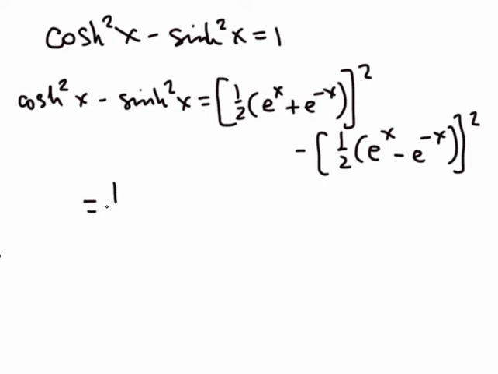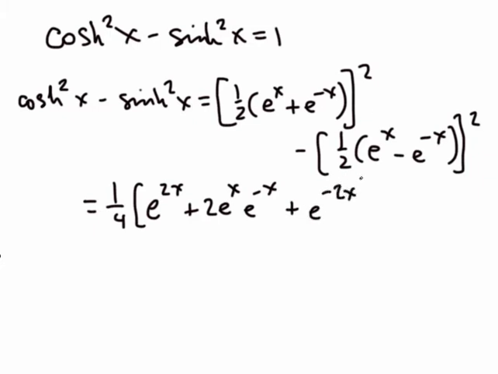So the 1/2 squared is just going to give me a 4th. And if I square this out, I'm going to get e to the x times e to the x, which is actually e to the 2x, plus 2 copies of the inner and the outer when you're foiling. So 2 e to the x, e to the minus x, and then plus e to the minus x times e to the minus x actually gives you e to the minus 2x.